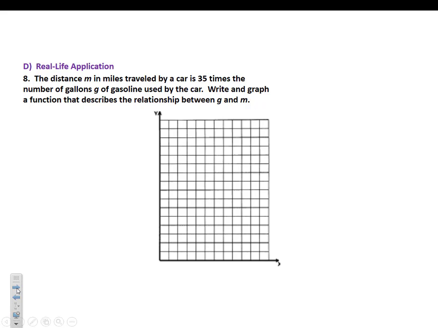It says the distance m in miles traveled by a car is 35 times the number of gallons of gasoline used by the car.